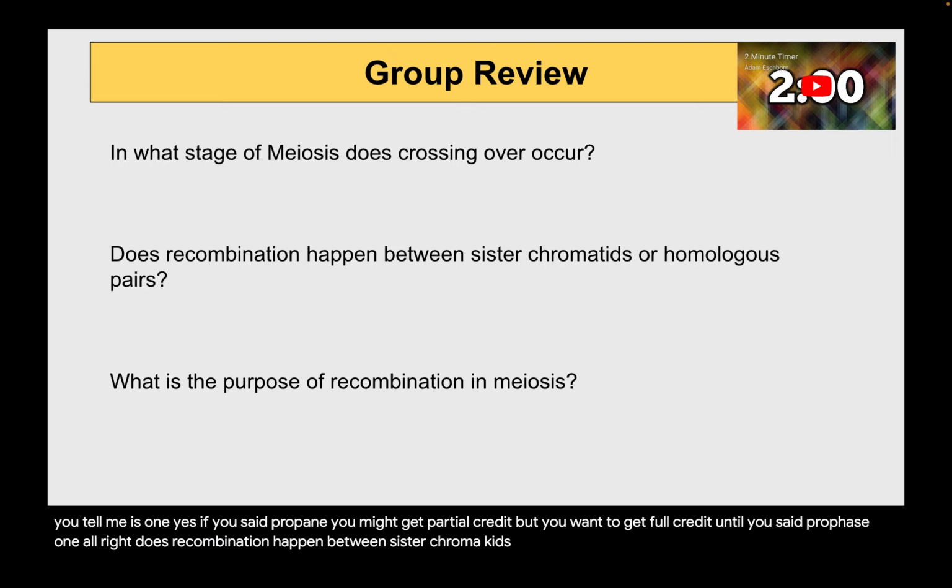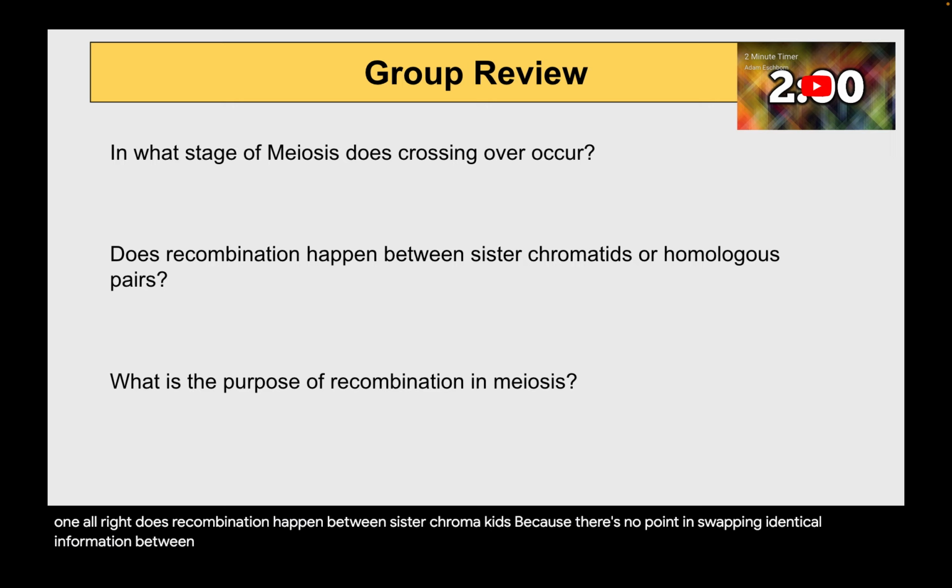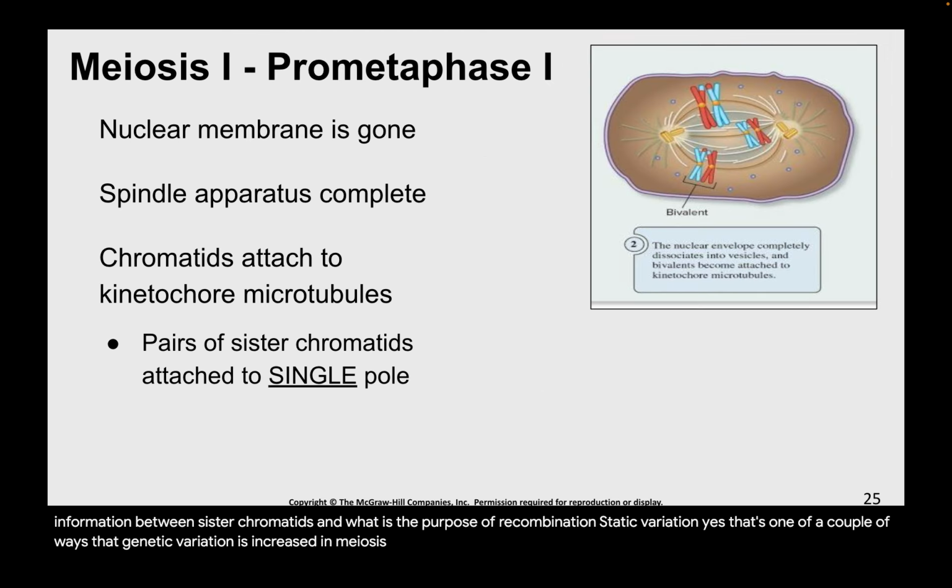Homologous pairs, yes, because there is no point in swapping identical information between sister chromatids. And what is the purpose of recombination? Increase that genetic variation. Yes, that's one of a couple of ways that genetic variation is increased in meiosis.